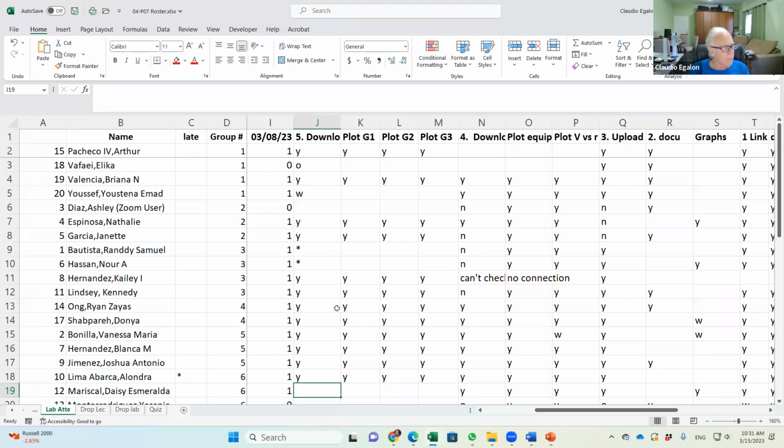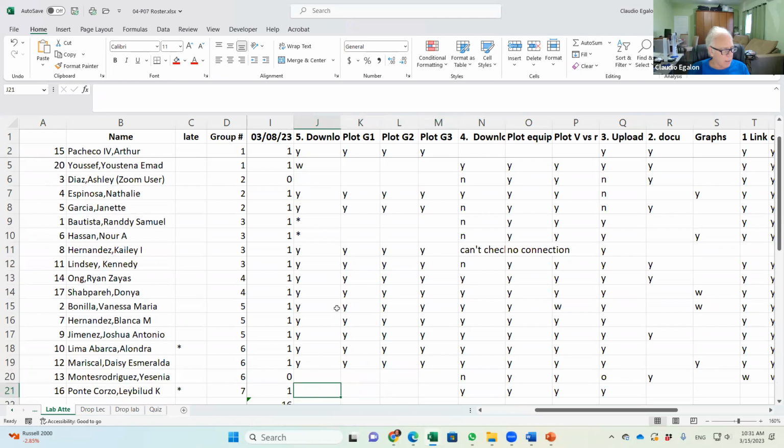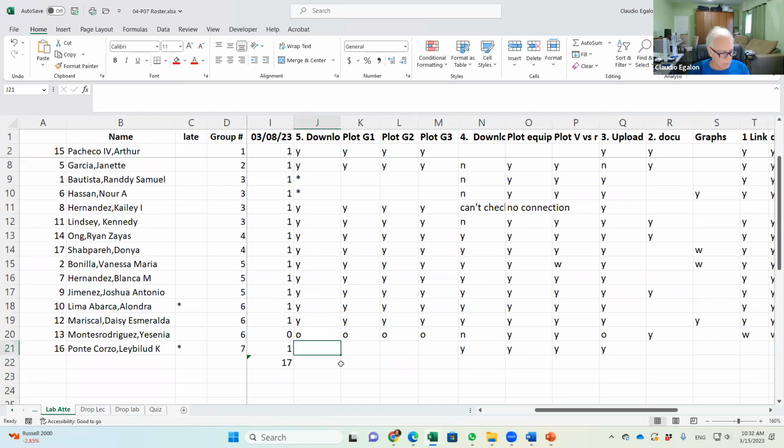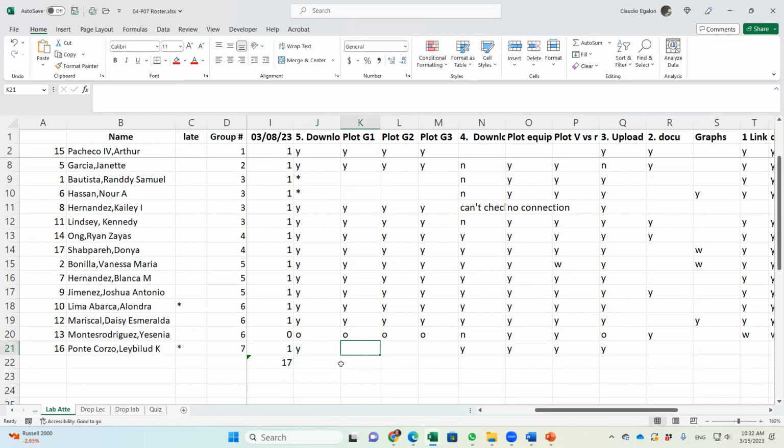Daisy. All 3. Okay. Yesenia. Is Yesenia there? Yesenia is not here. And Leiblut. I uploaded to graph and I download the Excel.